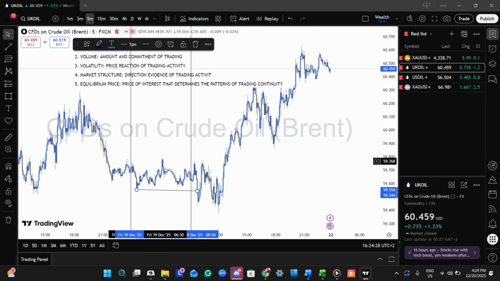So what we can see here is that sellers dominated this market by sweeping the buying price, which now becomes the buy side liquidity, right?